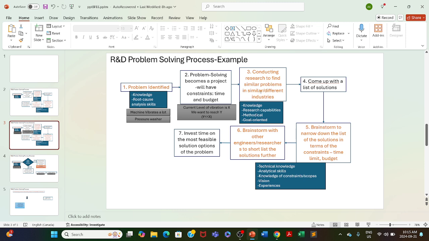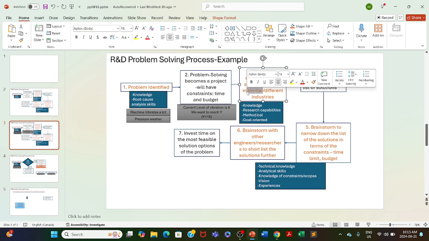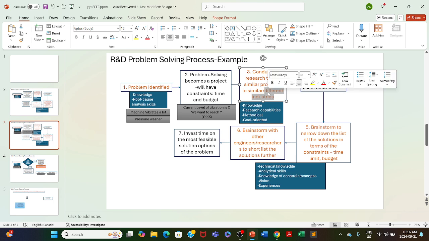We look for problems in a similar industry when the product is not that innovative, and this is more customer driven or based on customer feedback in most cases. But when we're talking about a totally innovative kind of project, it's probably going to be a similar problem but in different industries, with more complex products.